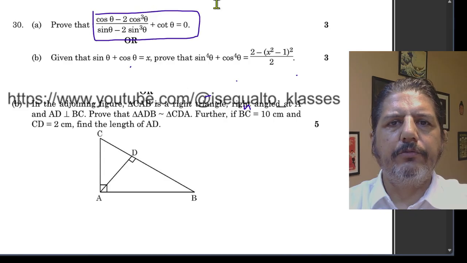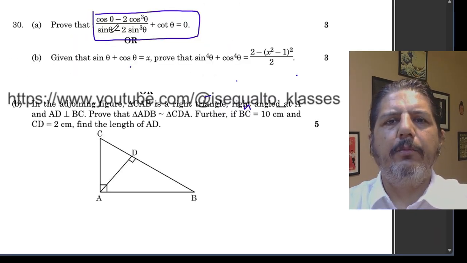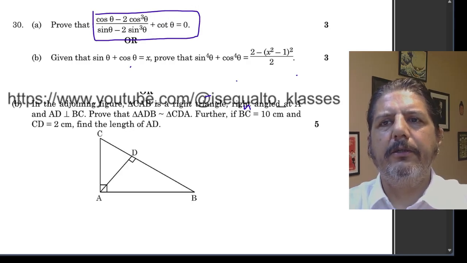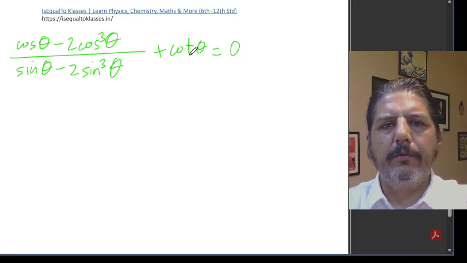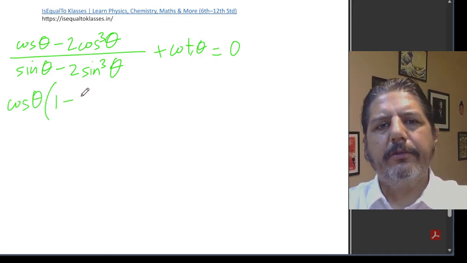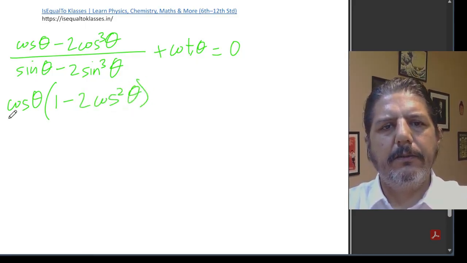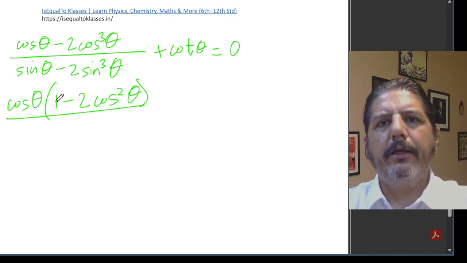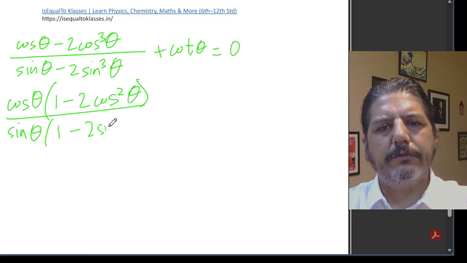Now, when I look at this question, it's pretty obvious that I need to take cos theta common from the numerator, so cos theta into 1 minus 2 cos²θ, and from the denominator I'll be taking sin theta as common, sin theta upon 1 minus 2 sin²θ.